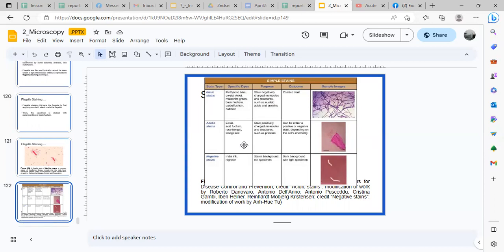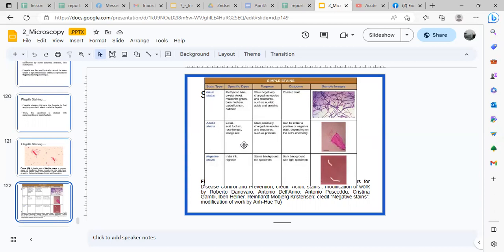So that summarizes the basic stains. So yung mga specific dyes: methylene blue, crystal violet, malachite green, basic fuchsin, carbolfuchsin, and safranin. So these are basic dyes. So you want to have the structure absorb the dye.